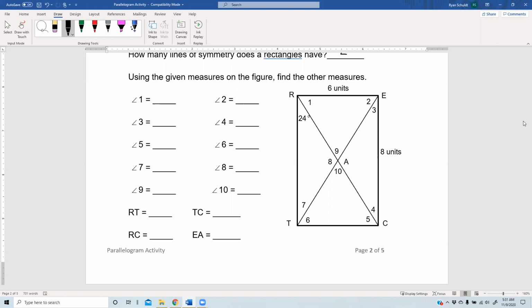Okay, so I know that if RE is 6 units, TC better also be 6 units. If EC is 8 units, then RT better be 8 units.